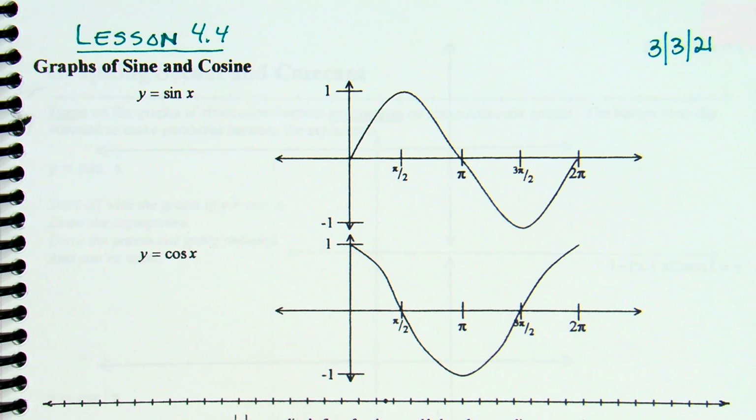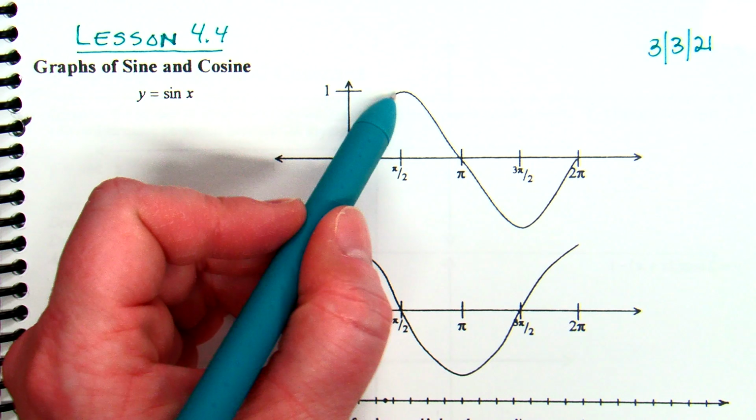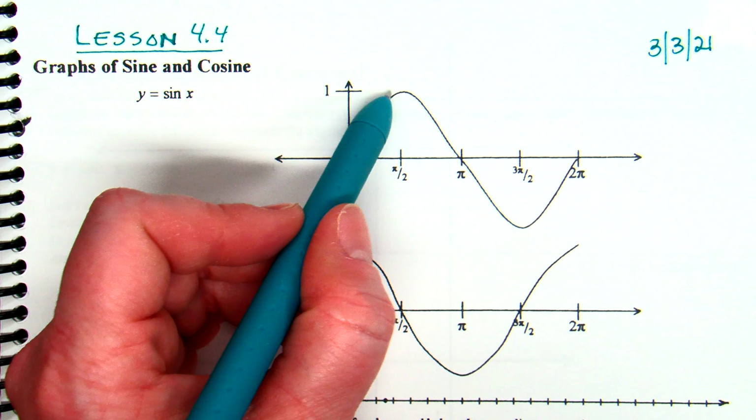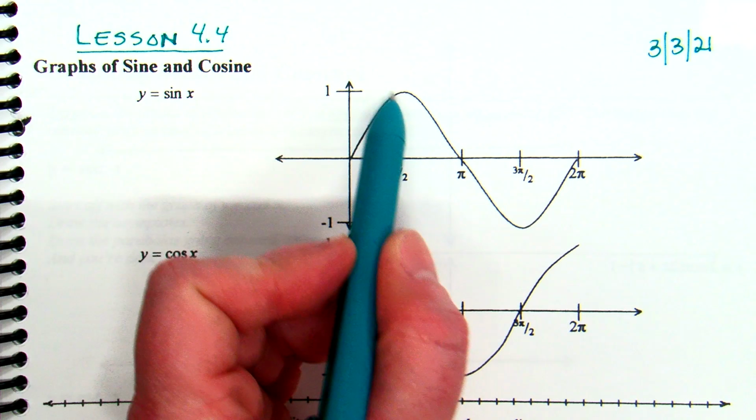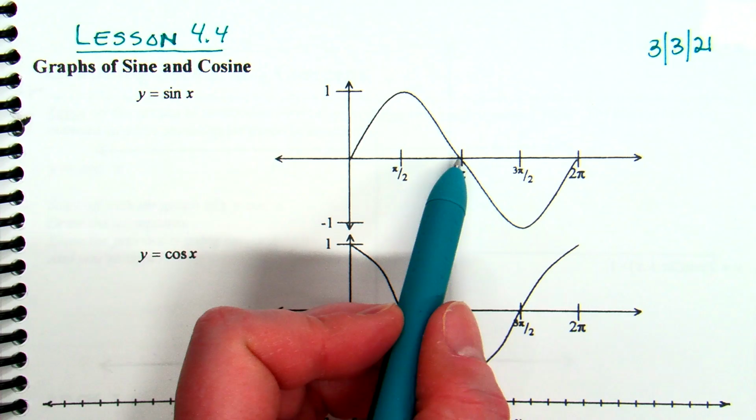So as we look at y equals sine x, some things to point out. It starts at 0, 0. It goes up and has a maximum above pi over 2. And notice how high does it go? It goes to a high of 1. It comes back down, goes through 1 pi, has a 0 at 1 pi.